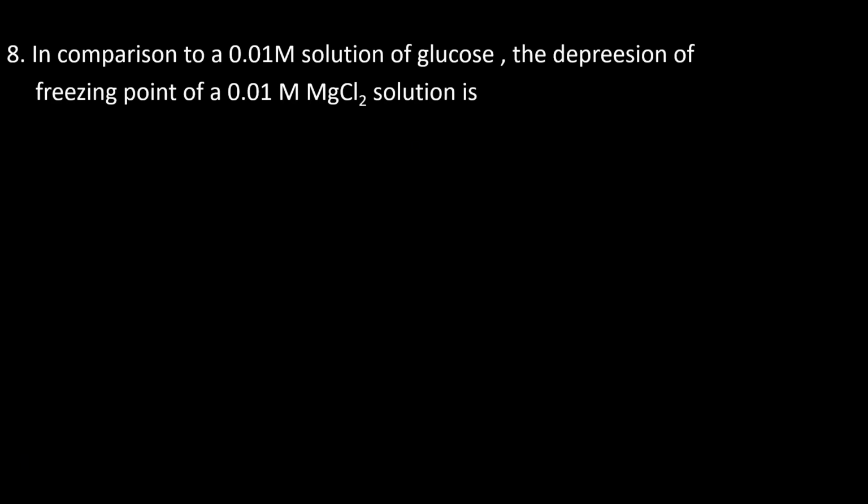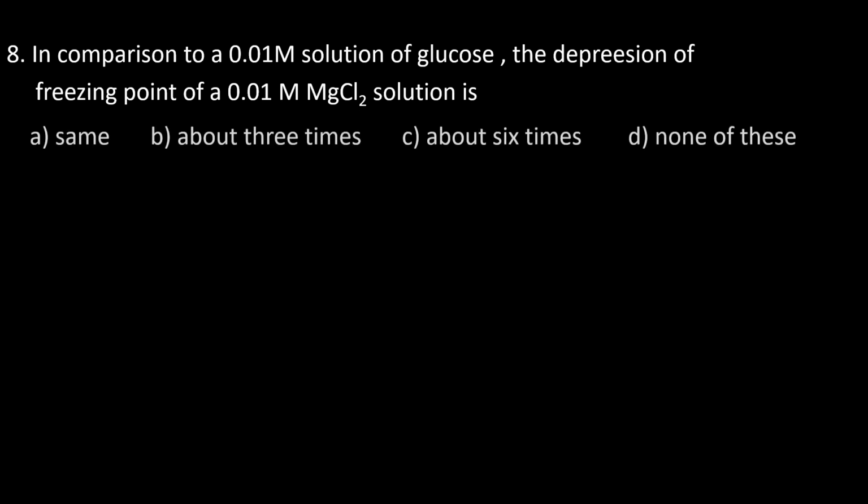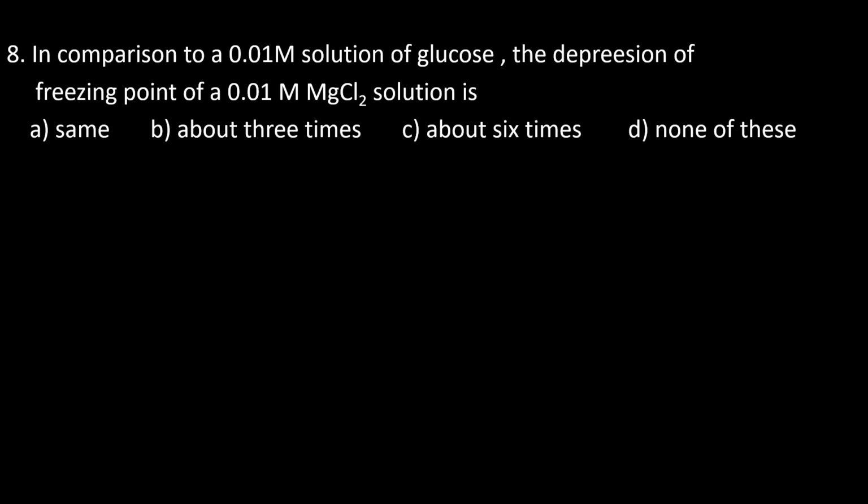Next, question number 8. In comparison to a 0.01m solution of glucose, the depression of freezing point of a 0.01m MgCl2 solution is A. Same, B. About 3 times, C. About 6 times, D. None of these.